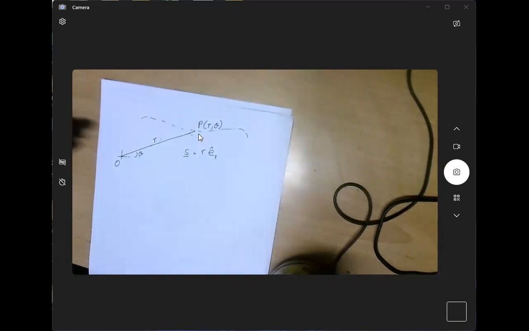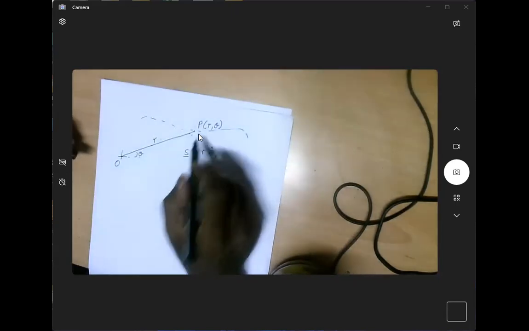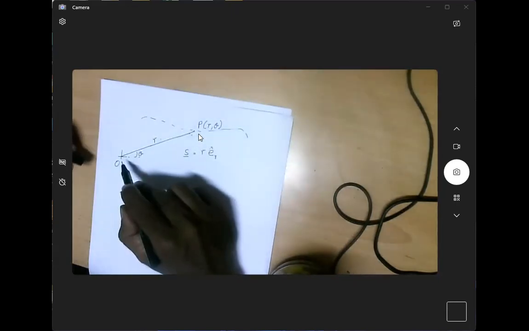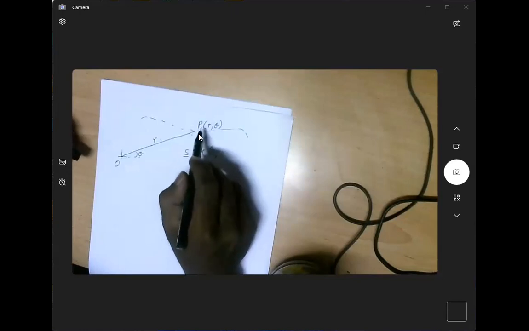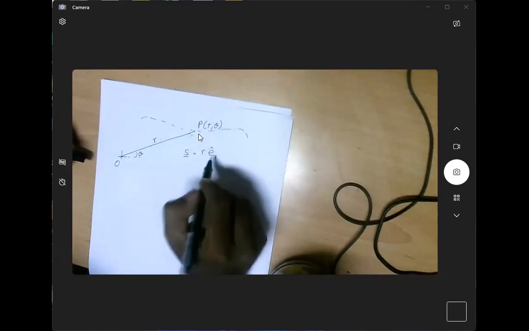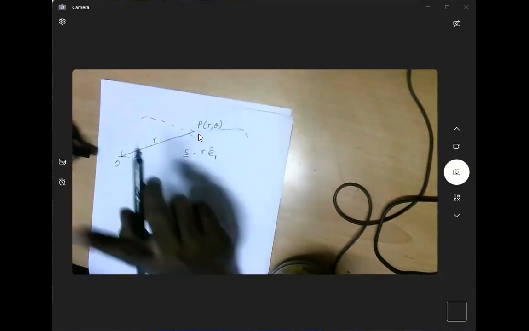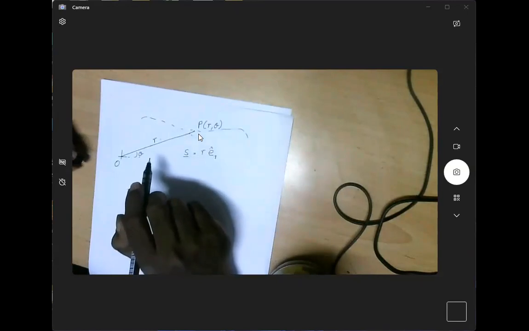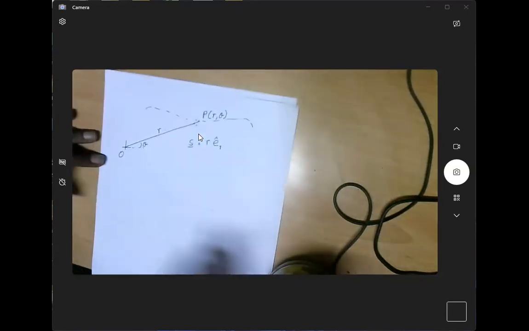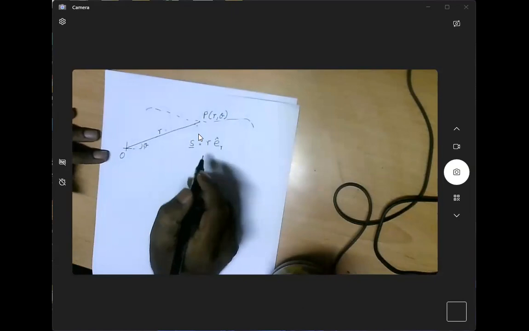Agree. The displacement relative to point O of this particle P is r in the direction of e_r. You don't need two different vectors as in the Cartesian coordinates. Now we have the position vector.